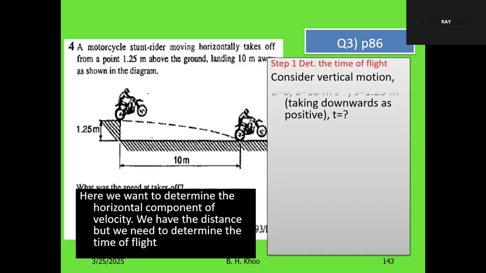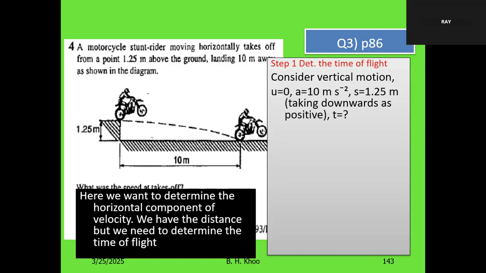Consider vertical motion. Take downwards as positive. Vertical motion initially, the picture is a bit deceiving. It shows you at an angle, but it's actually horizontal. Right? Yeah, told moving horizontally. So u equals 0. Vertical motion, acceleration. For objective one, you can use 10 because you want to do fast mentally if you can.